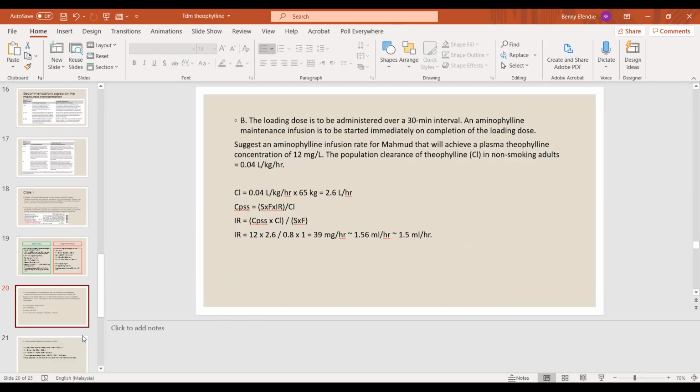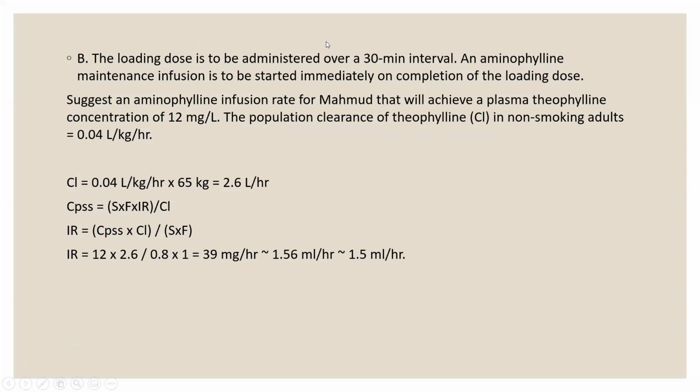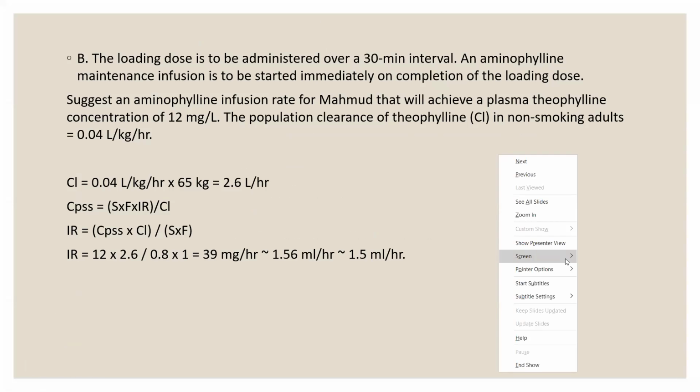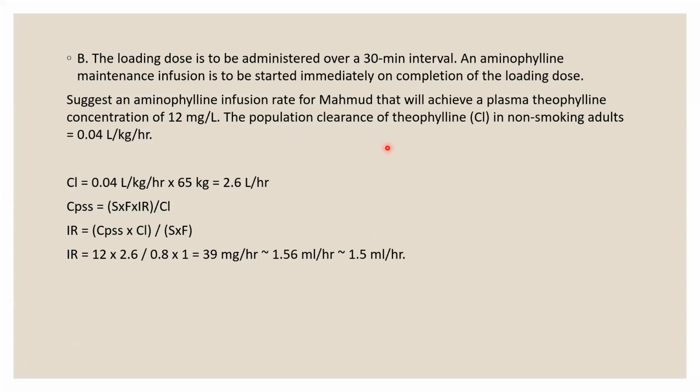Now, the loading dose is to be administered over a 30 minutes interval. An aminophylline maintenance infusion is to be started immediately on completion of the loading dose. Suggest an aminophylline infusion rate for Mahmoud that will achieve a plasma theophylline of 12.